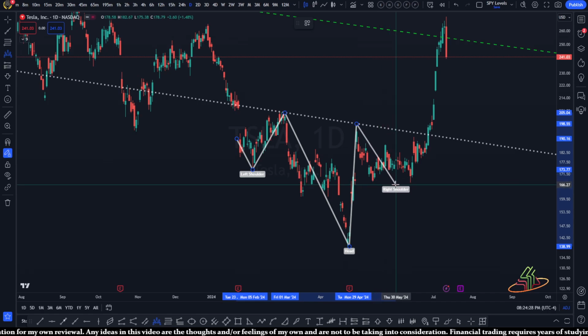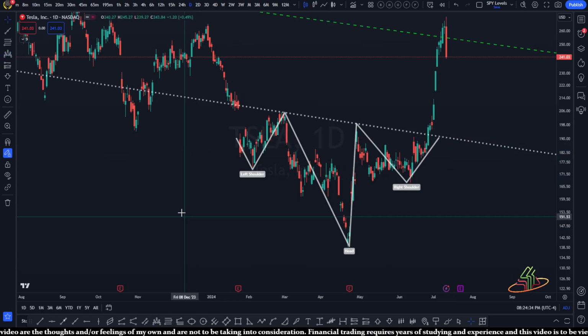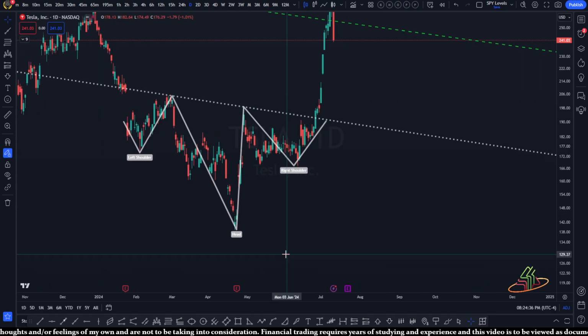This was my other shoulder right here. And this was my breakout, right? So I would have drawn something similar to this, right? Somebody else might have drawn it from down here, right? I feel like this was more of how the move went.